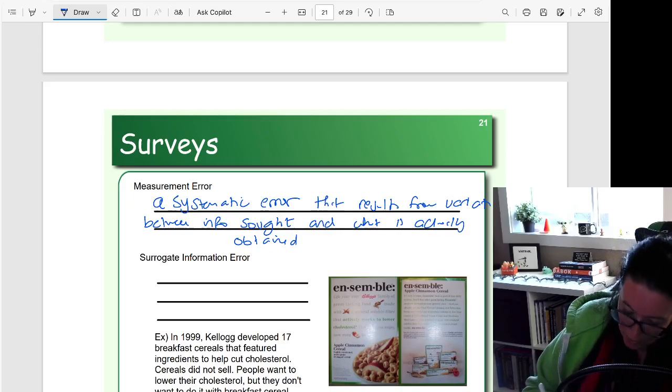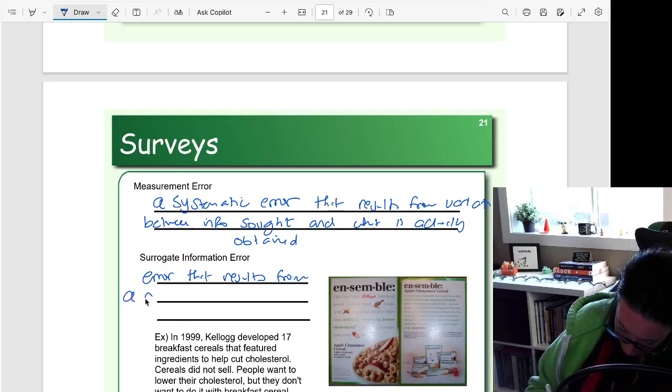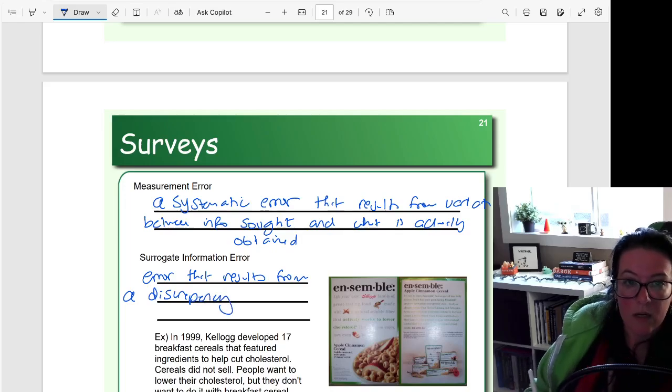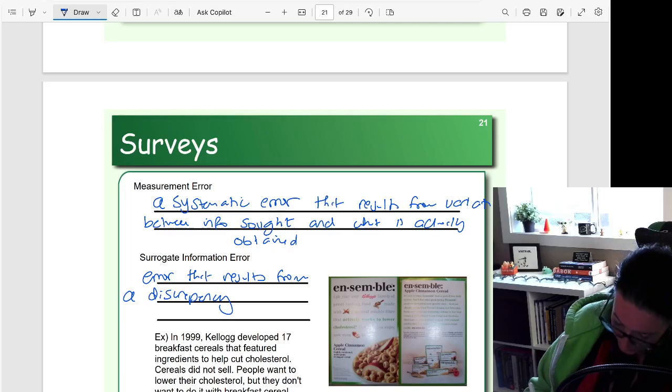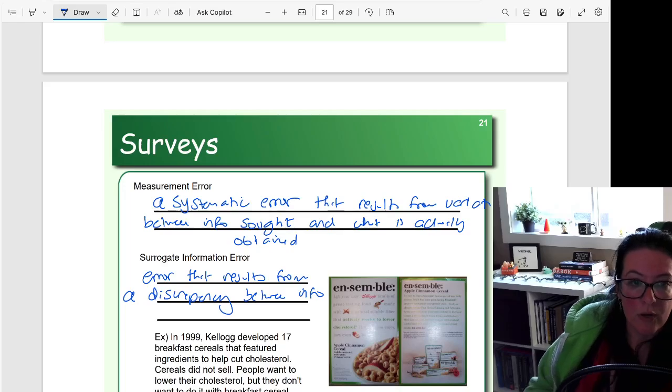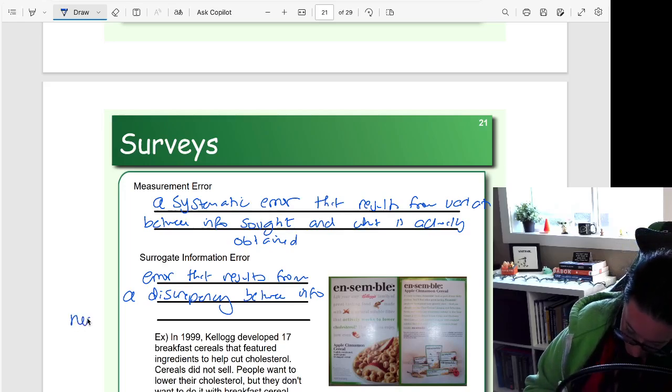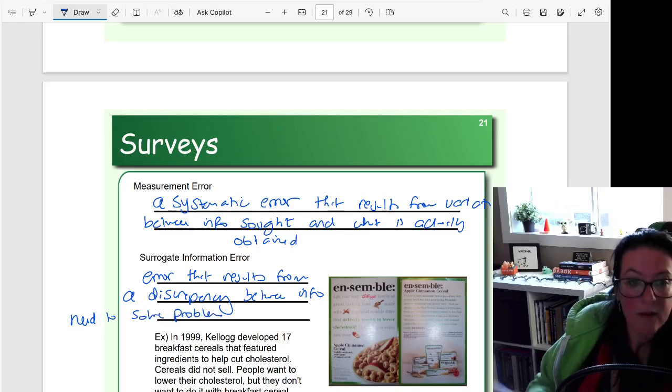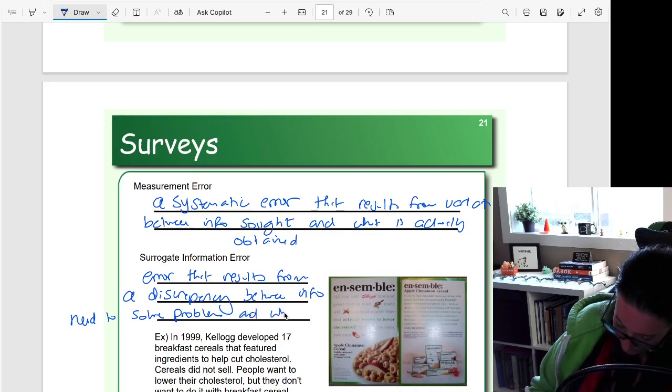Surrogate information error is an error that results from a discrepancy between the info that's needed to solve a problem and what is being sought by the researcher.